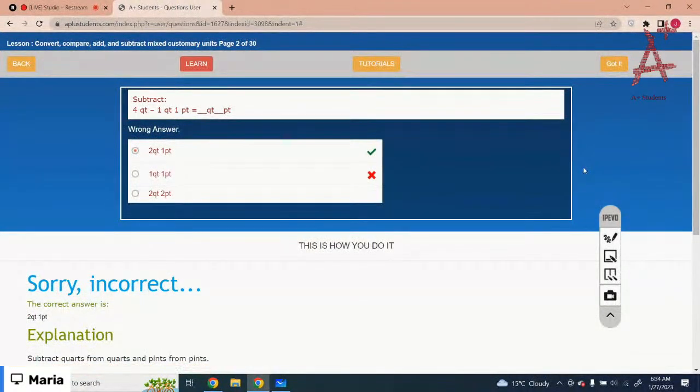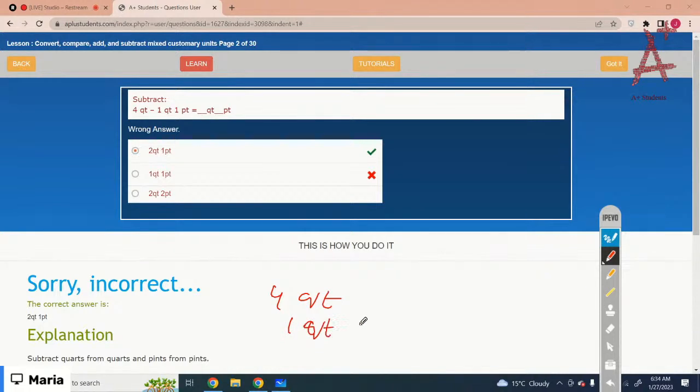Okay, you cannot subtract, wait, let me see, because you have 4 quarts, 1 quart, and 1 pint. Got it?